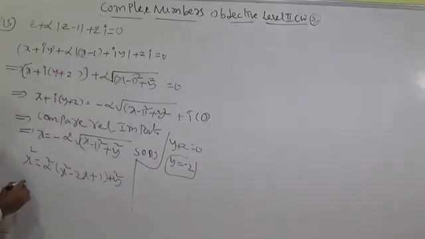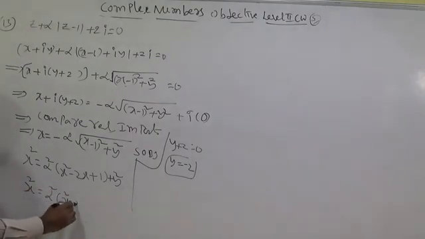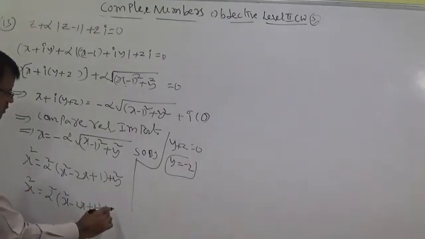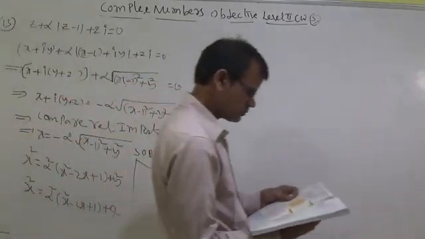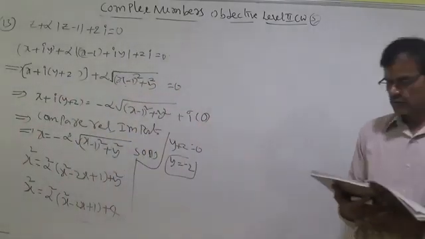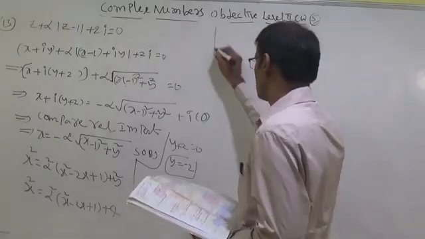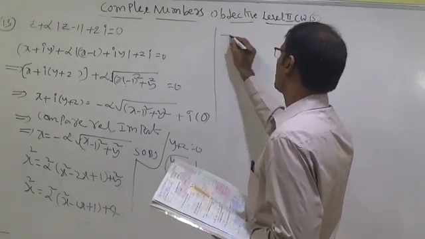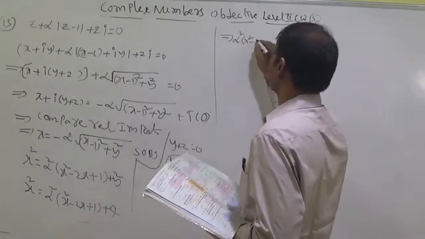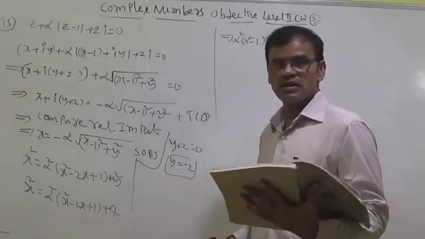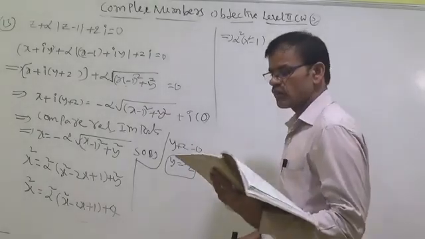Substitute y is equal to minus 2. So x square is equal to alpha square into x square minus 2x plus 1 plus, no, it is 4. So we are preparing the quadratic equation, since he is asking the range of alpha.